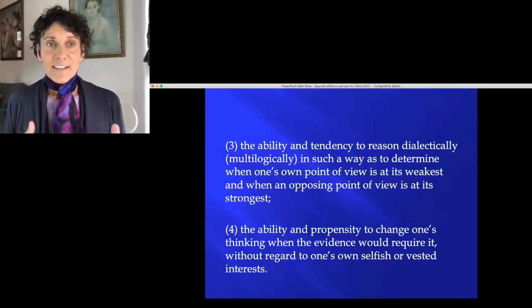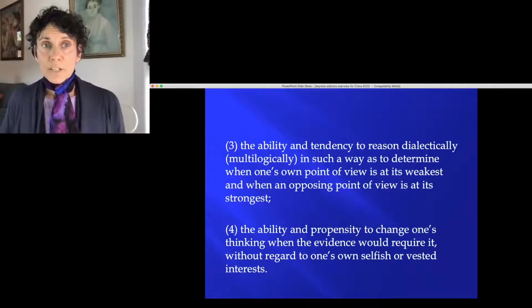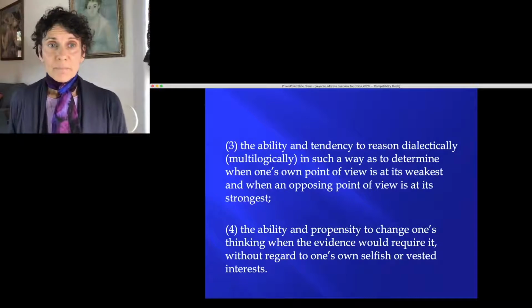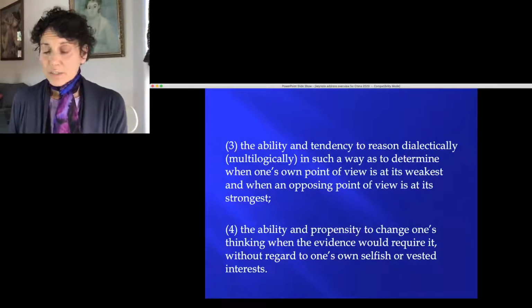Now, this is a very big point, and the opposite of it is a big problem in human life. So, people are often selfish, and in groups, they often are focused on their vested interests, and therefore, in those cases, they often do not want to see the evidence that would require them to see their behavior and their thinking in a more accurate light.